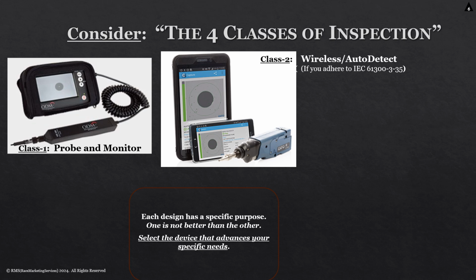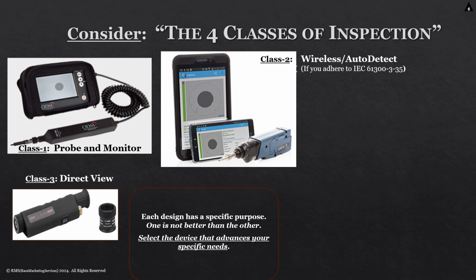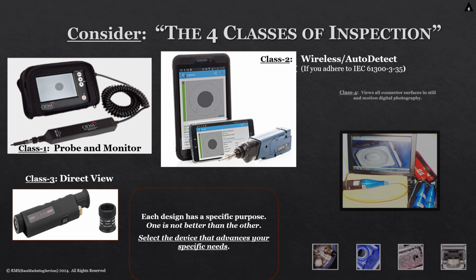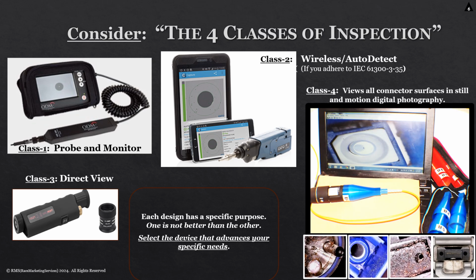Class 2 is the wireless auto detect that follows IEC 61300 3.35. If you are working with that standard, this is a marvelous machine. Class 3 is the direct view. Some claim that these are useful for field service. My concern is that using this on a direct laser might cause eye damage.